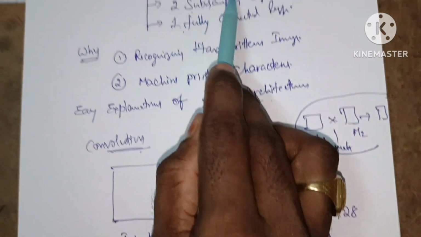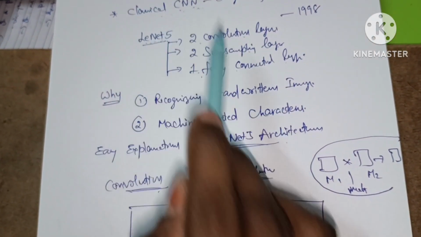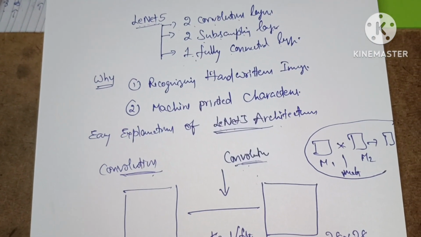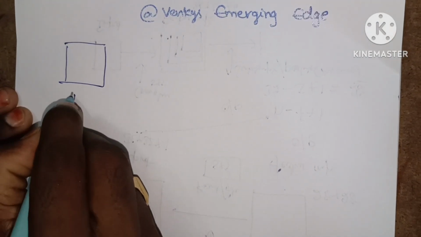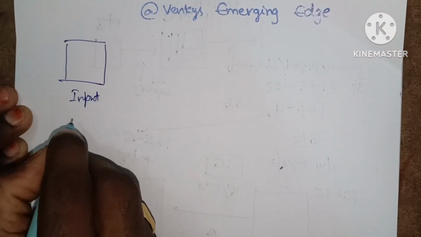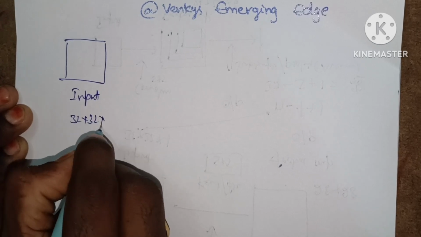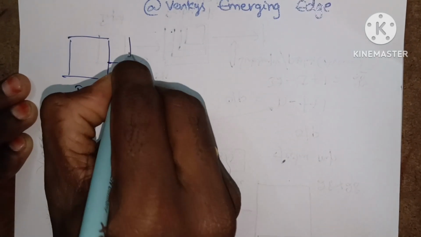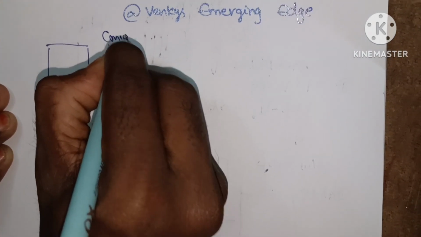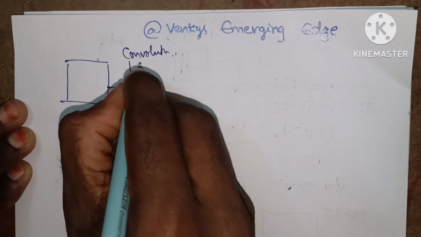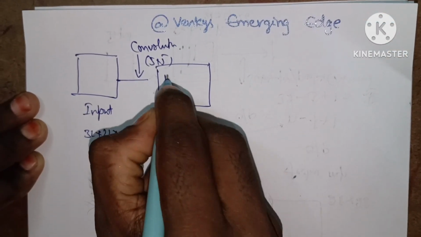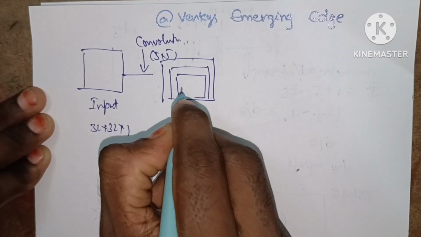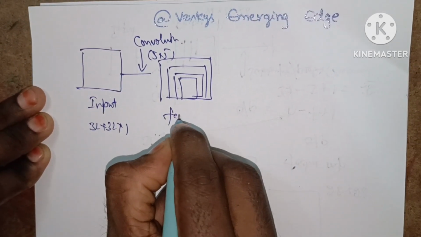Two different convolution operations are done in the LeNet5 architecture. Is it clear? Now, input size 32 into 32 into 1. Then we apply a convolution operation using a 5 by 5 filter. Then we get some output, which is called a feature map.